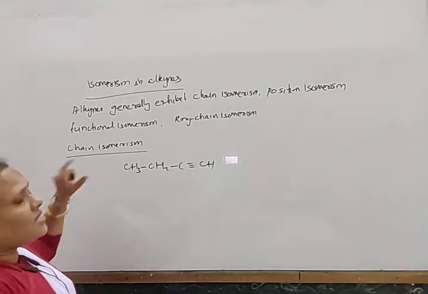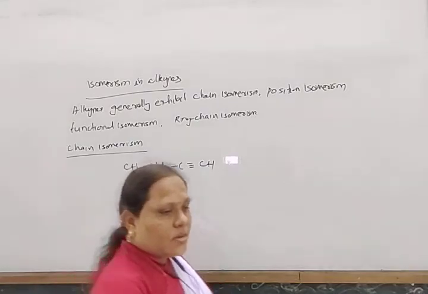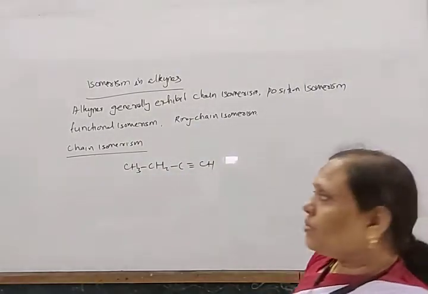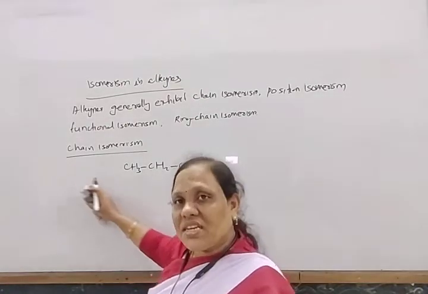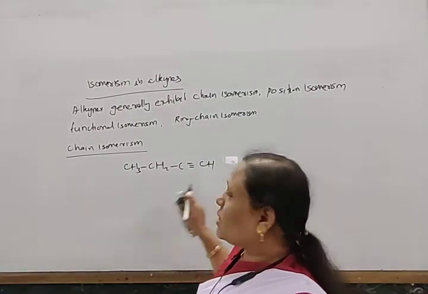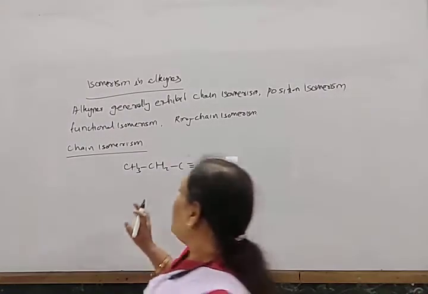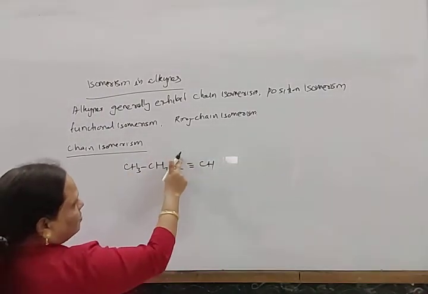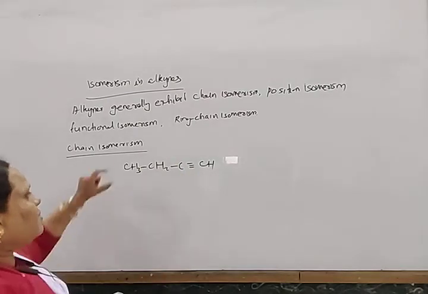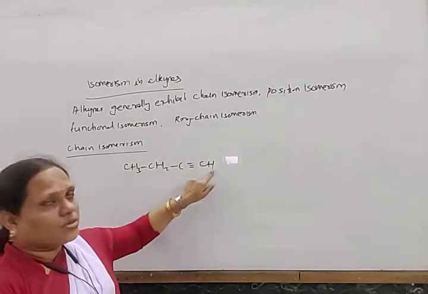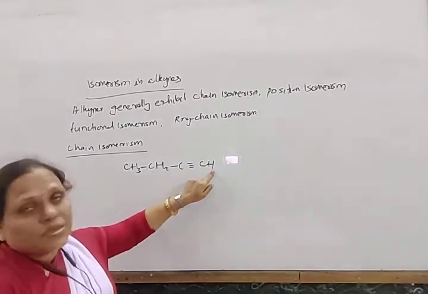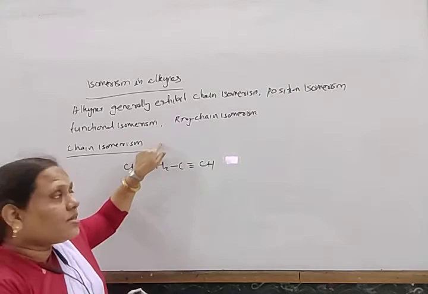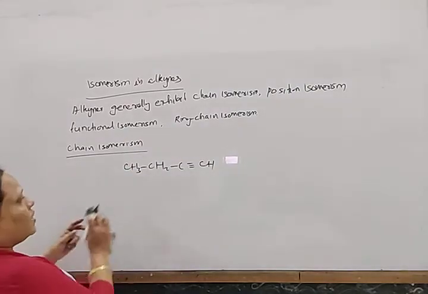For chain isomerism, it should contain a minimum of 5 carbon atoms. With 4 carbon atoms it is not possible. If you remove a methyl group from here and substitute it there, it gives position isomerism. So for chain isomerism, it should have at least 5 carbon atoms.